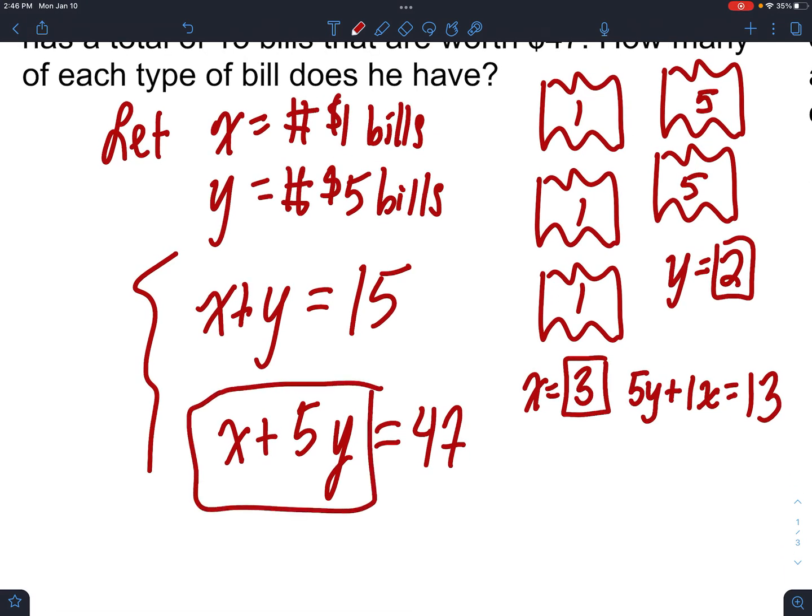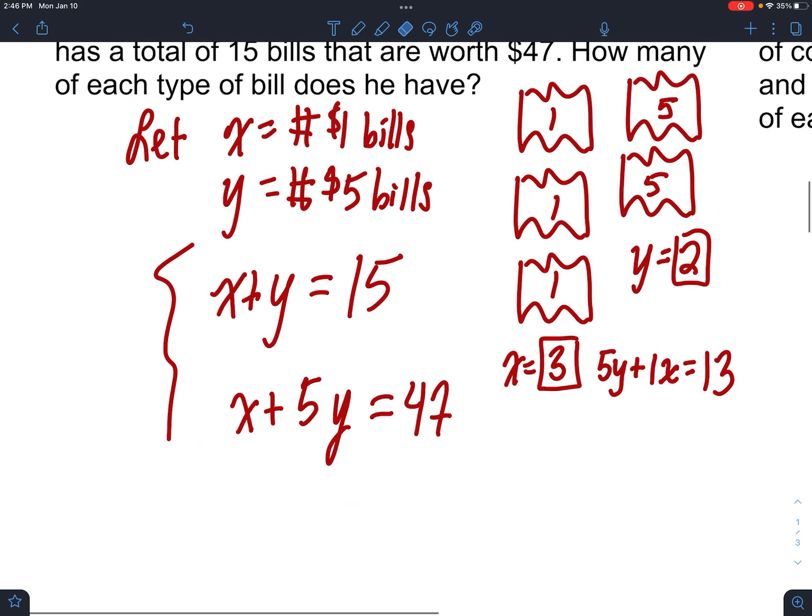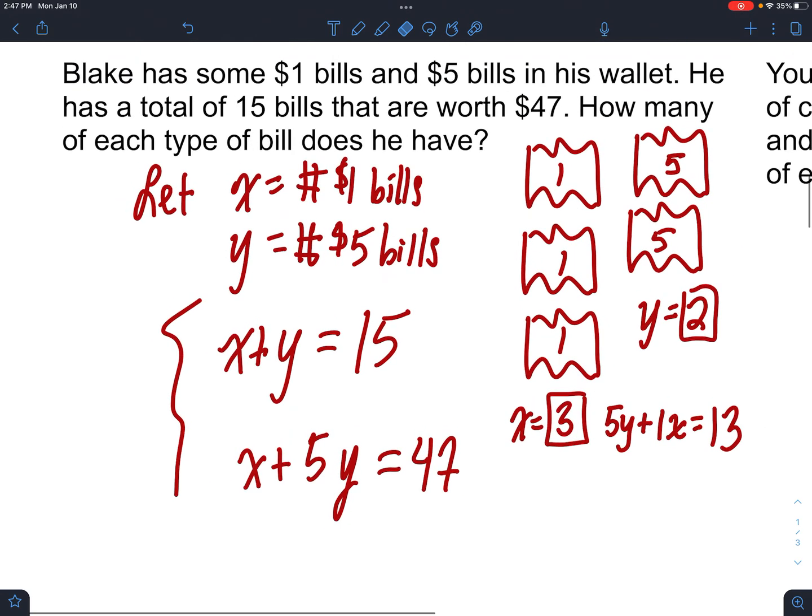If we just focus on this expression, when I increase X by 1, I get $1 more. When I increase Y by 1, I get $5 more added to my total. Okay, so we have to adjust for that.